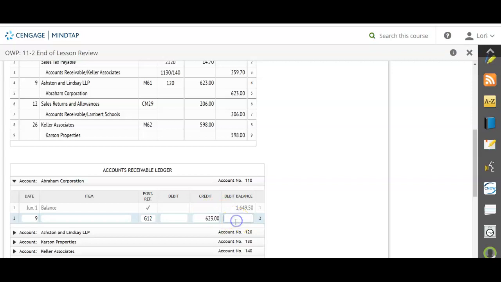And we're going to subtract that from the 1,649.50 minus the 623. So their balance is $1,026.50, excuse me. Take that 110 and put it right there. Okay. Now do the rest of the posting.